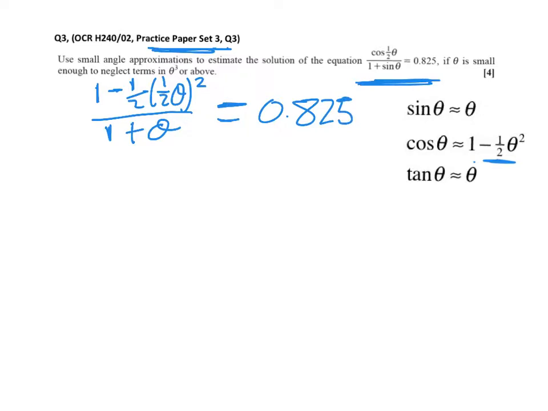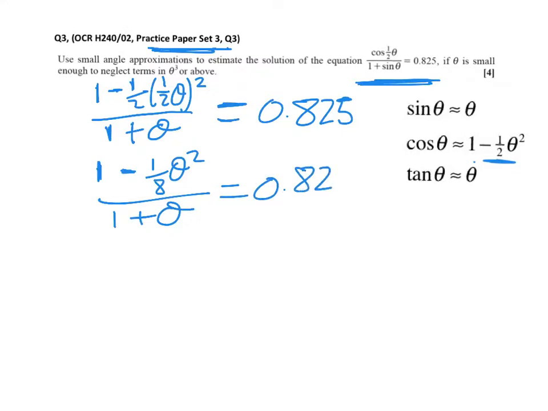So I'll have 1 minus an eighth theta squared over 1 plus theta equals 0.825. So yeah, half theta squared, all squared would be a quarter theta squared, and I half that, so I've got an eighth of that.